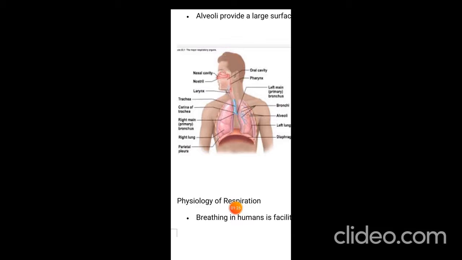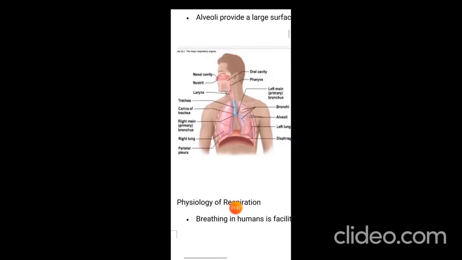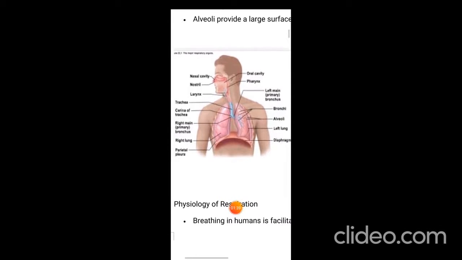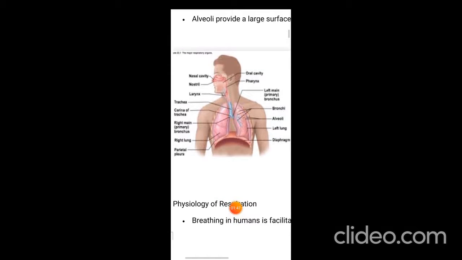To protect against that, our body has a system known as the epiglottis. Whenever we are eating, the epiglottis blocks the air passage so that the food passes directly through the esophagus into the stomach.